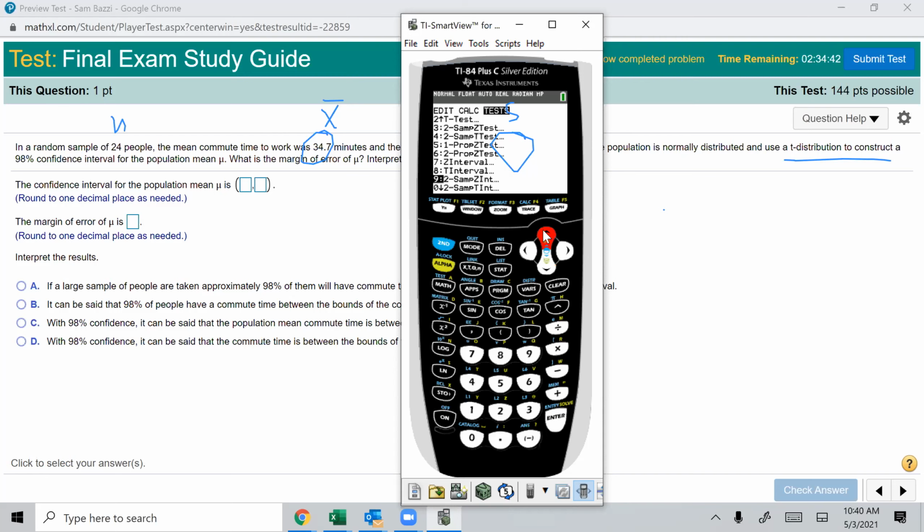He's even telling you use a T distribution. Okay. x bar 34.7. s, what was s, guys? 7.3. n 24. And 98 confidence level. And hit calculate.